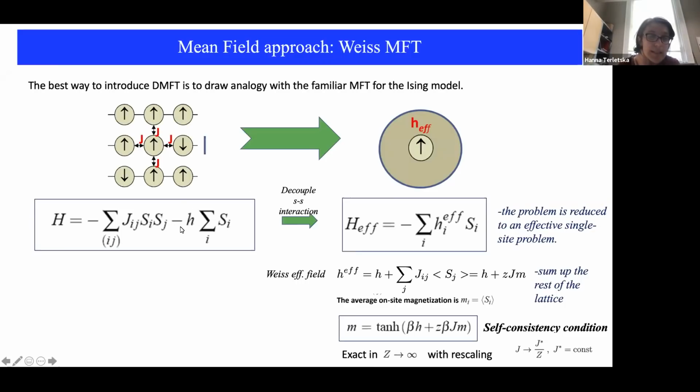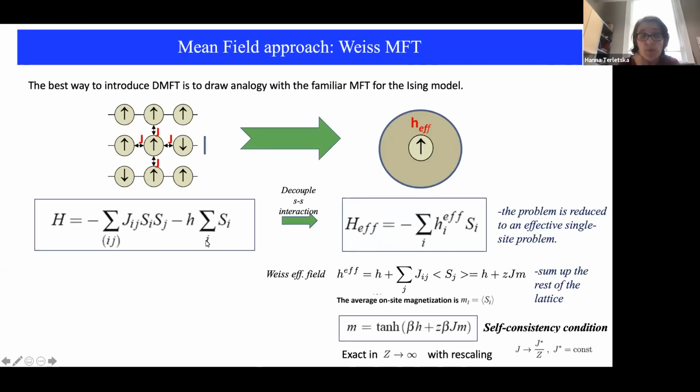So here on the left side we have the Ising model. We have interacting spins at different sites i and j, and there is coupling J between them, and these spins are placed in some effective field H. Well, this is a many body problem, which is hard to solve.